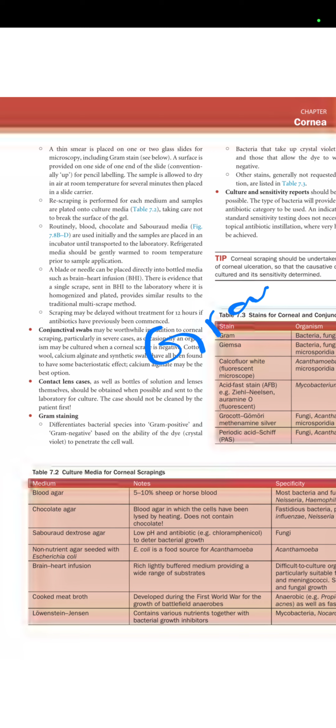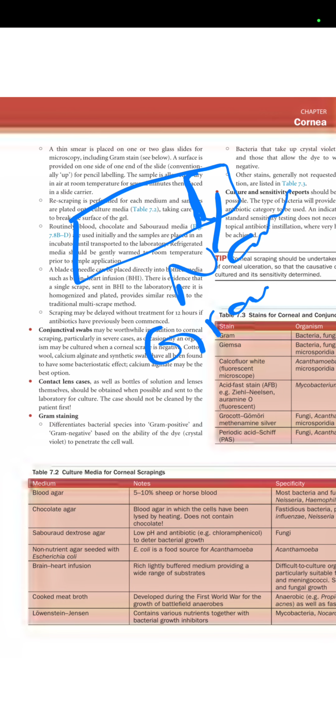The sample is allowed to dry in air at room temperature for several minutes and then placed in a slide carrier. So basically, on one side of the slide a name is written, and that side is usually used for pencil labeling.